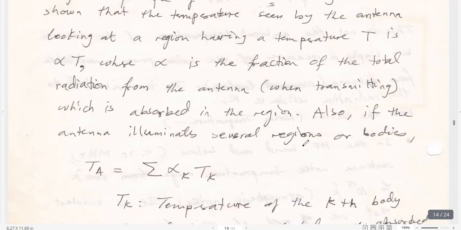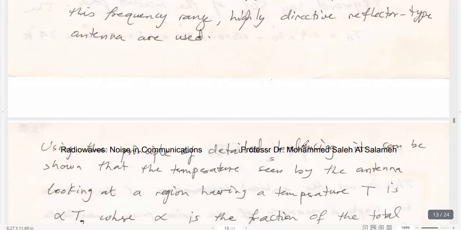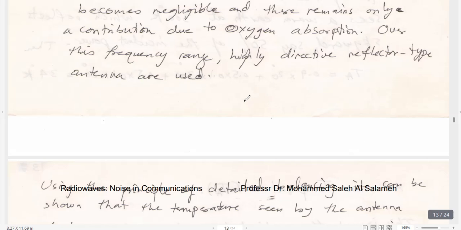If we have an antenna here and it is radiating, this is the radiation pattern.